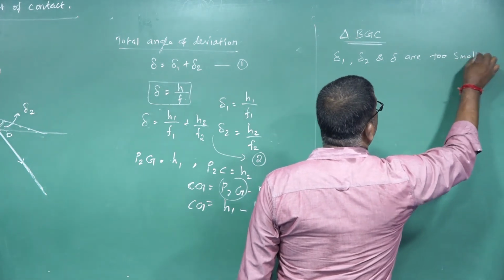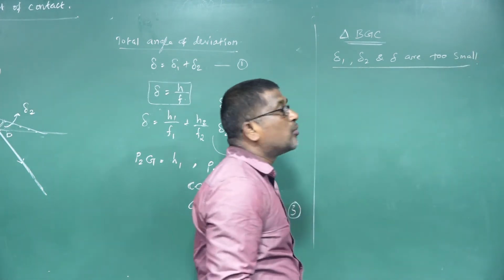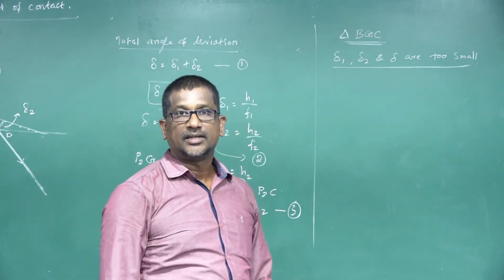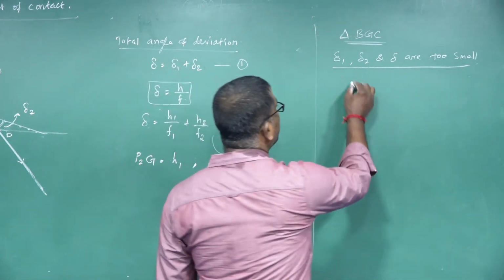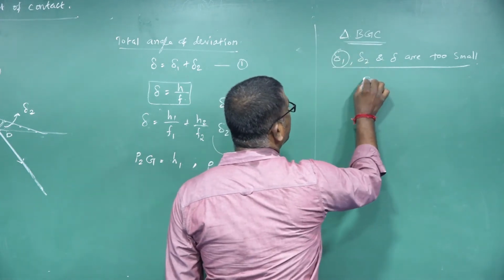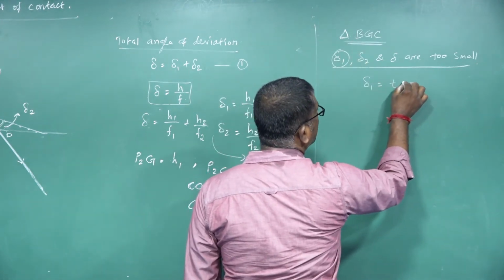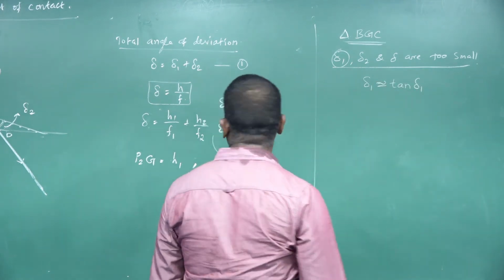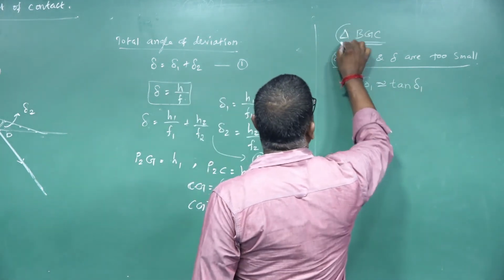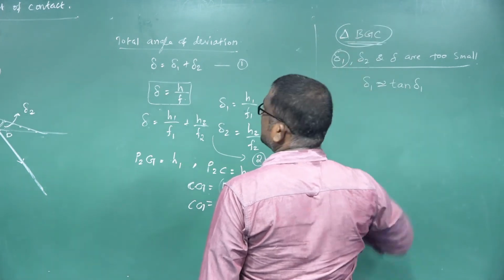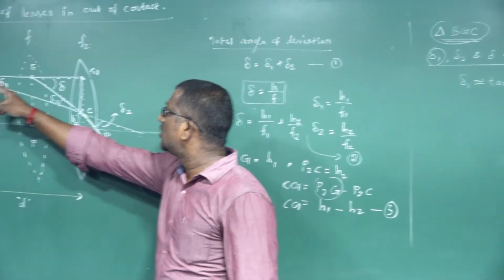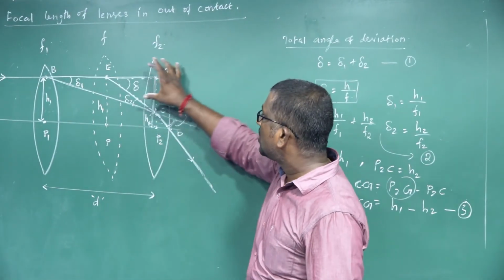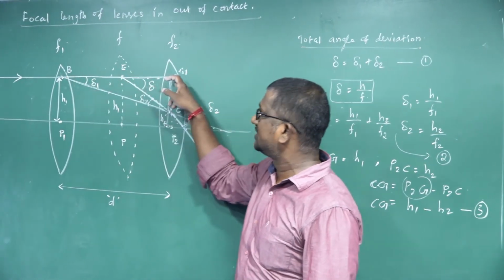Already I told you, if a given angle is too small, the angle theta can be taken as tan theta. Here del 1 is too small, therefore del 1 can be taken as tan del 1. In the right angle triangle BGC, tan theta is equal to opposite side by adjacent side.